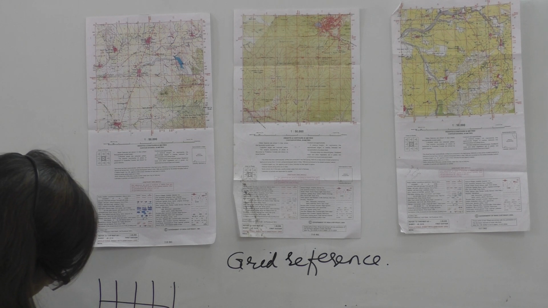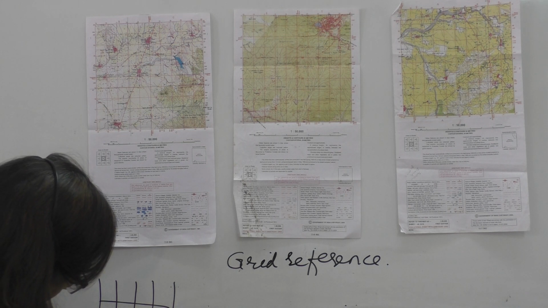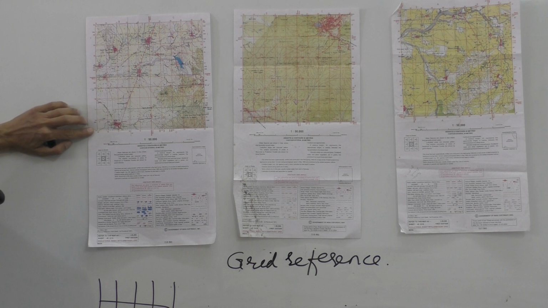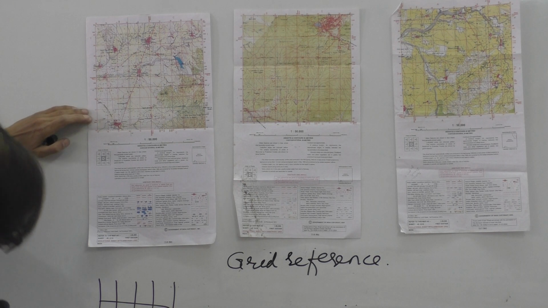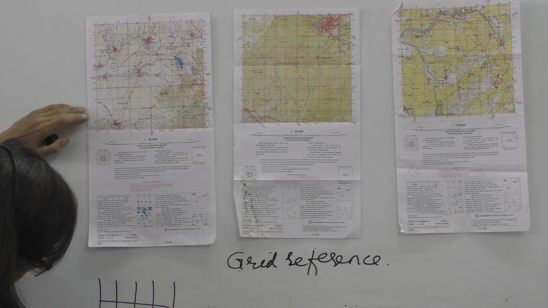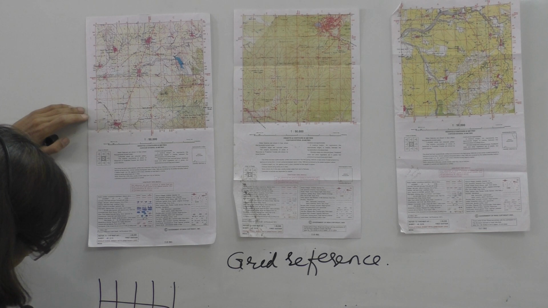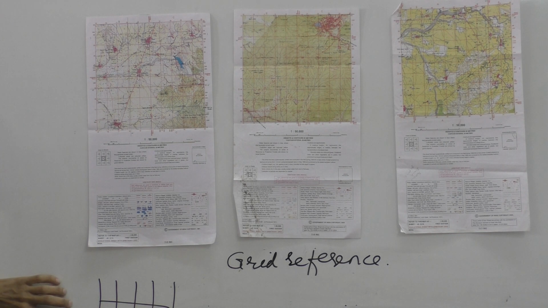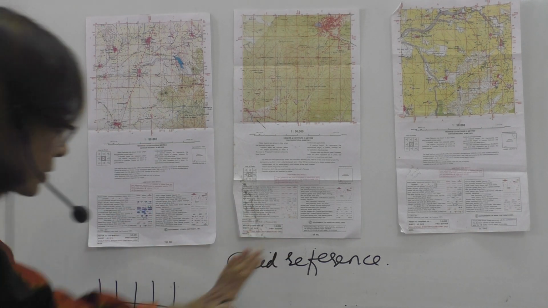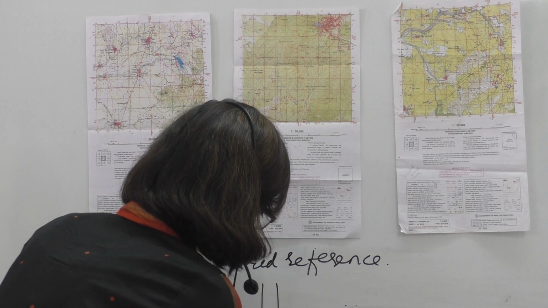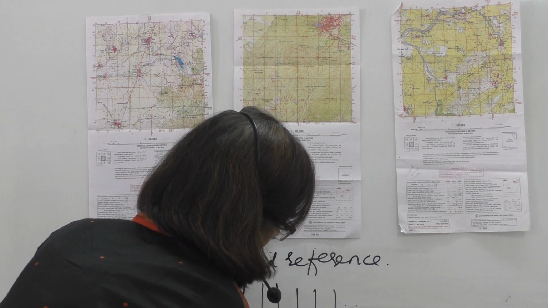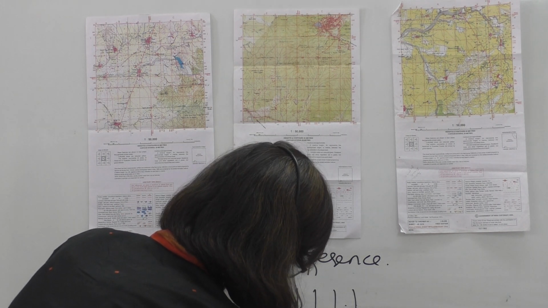Here the northing is also 15. For this topo sheet, the grid values are changing in this manner.